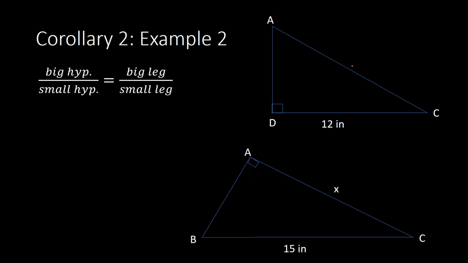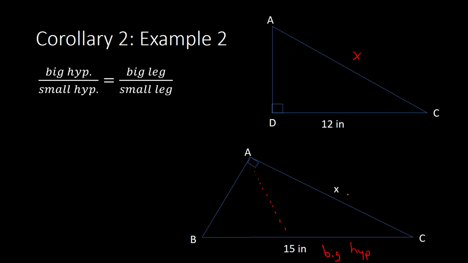So what I'm doing is I'm trying to solve this for x. And I'm not sure why this disappeared, but there should be an x still there. And then what I want to do is plug things in. And to do that, I need to determine what is the big hypotenuse, big leg, and small leg. So looking here at the big triangle, the hypotenuse is across from the right angle. So this would be the big hypotenuse.